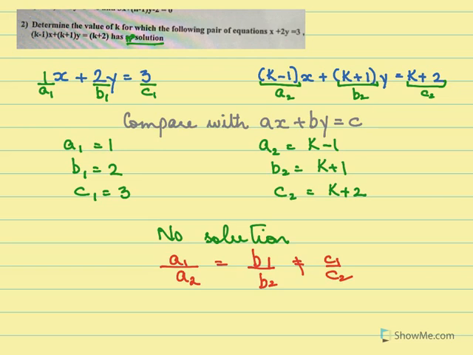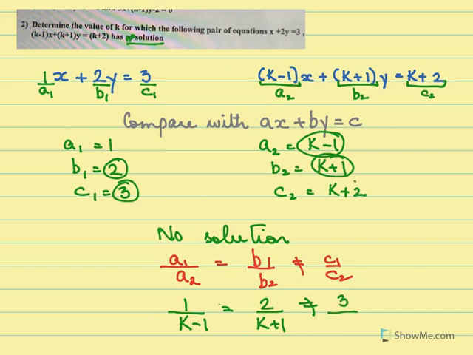Let's go ahead and put in the values. a1 is 1, b1 is 2, a2 is k minus 1, b2 is k plus 1, not equal to, c1 is 3, and c2 is k plus 2.